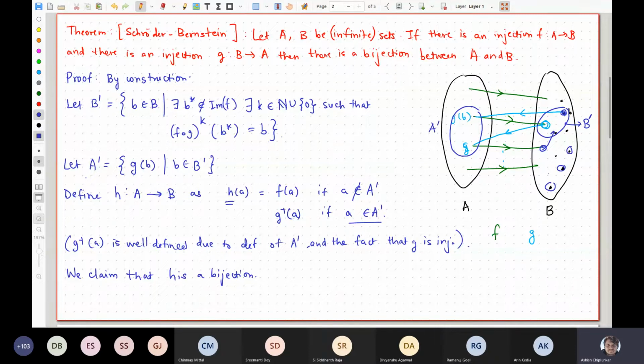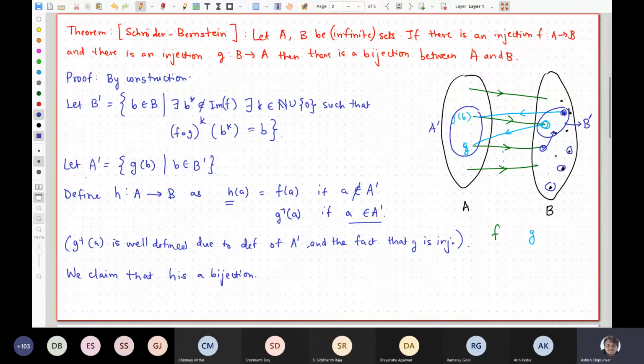For everything that does not have a pre-image, let's just make G of that element the pre-image of that element under H. But because H has to be a bijection, that will leave somebody else unhappy in the set B. They can again apply the function G and get their partners. So that is going to cause some more breakups.